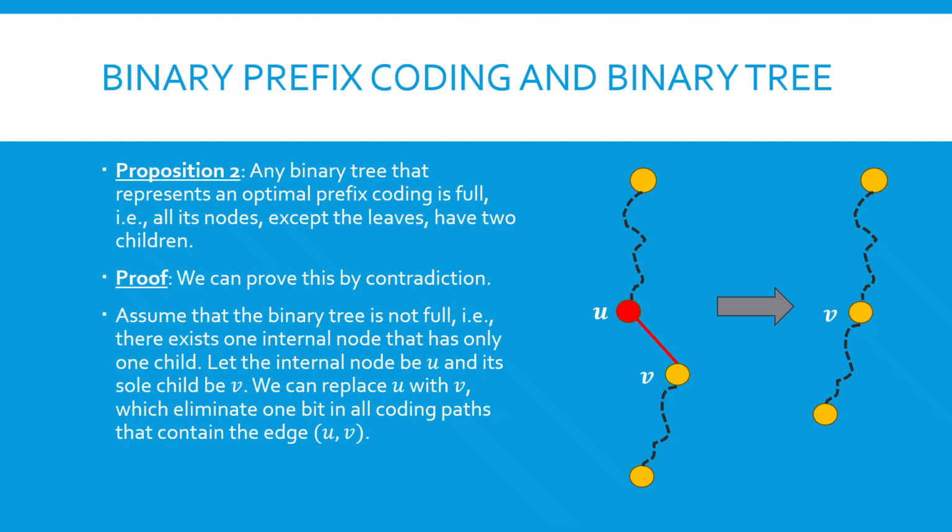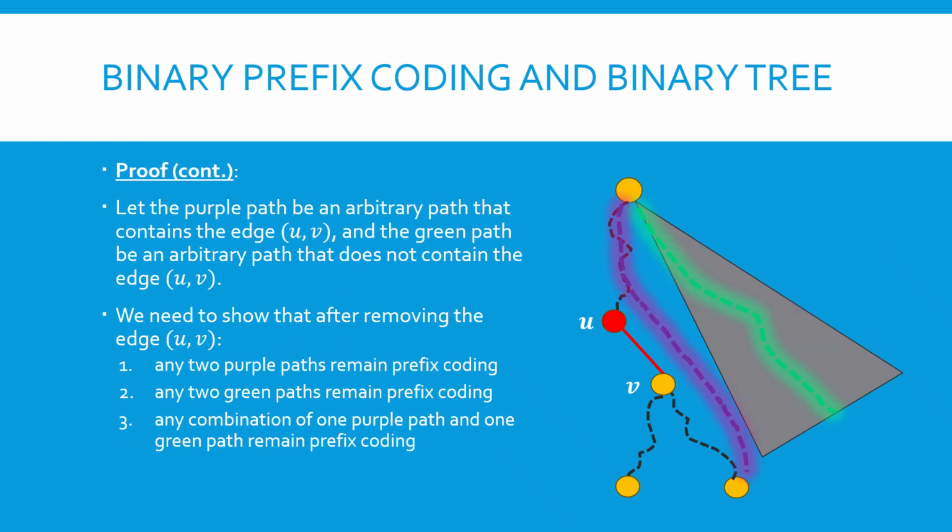Let U be such an internal node, and let V be its only child. We claim that we can modify the tree by removing the edge UV, which strictly reduces the ABL while preserving the prefix-free property. To justify the claim, we analyze how removing the edge UV affects the resulting code.